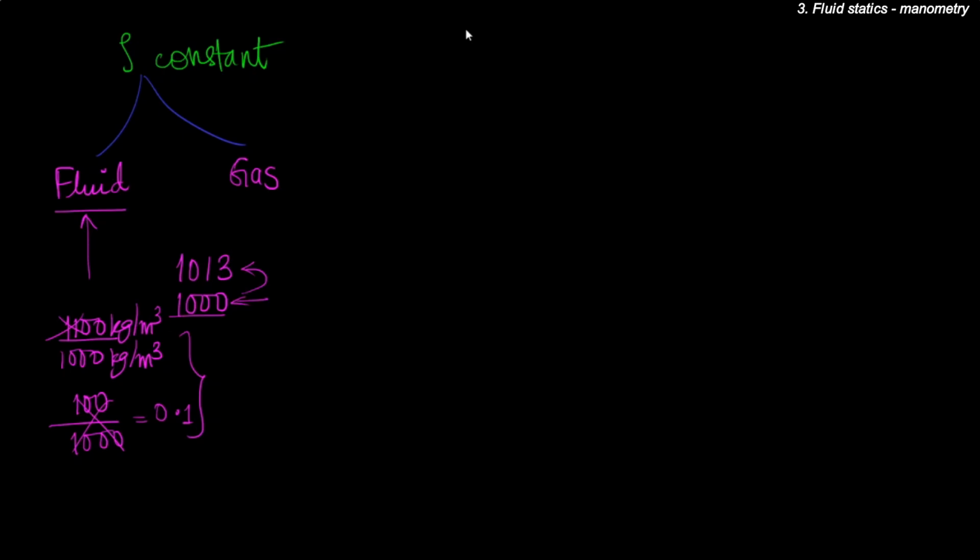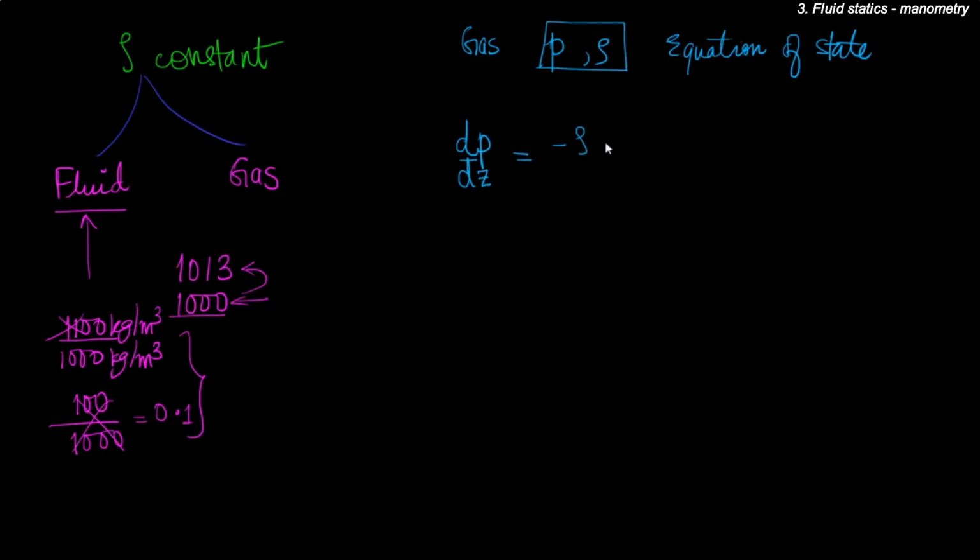But what about gas? For a gas, the pressure and the density are related through the equation of state. If I write down dp dz as minus rho times g, this particular rho for a gas is a function of pressure.